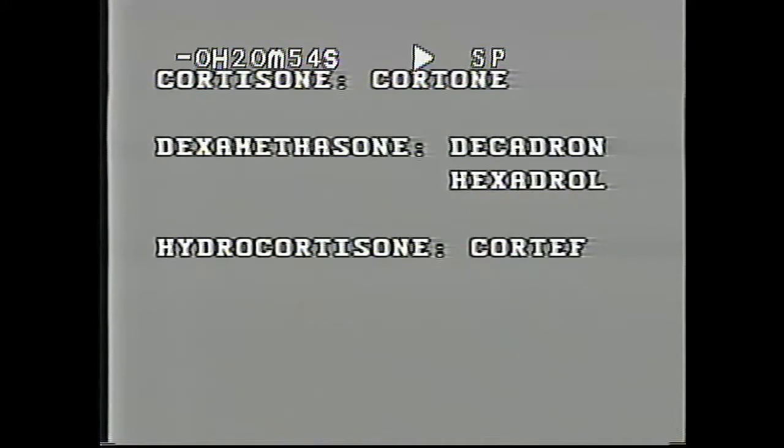And one of the trade names that we are finding cortisone under is Cortone. Not a terrific difference. Then there is dexamethasone. Dexamethasone is also manufactured as Decadron or Hexadrol. Hydrocortisone is manufactured as Cortef. Methylprednisolone, manufactured under the trade name Medrol.